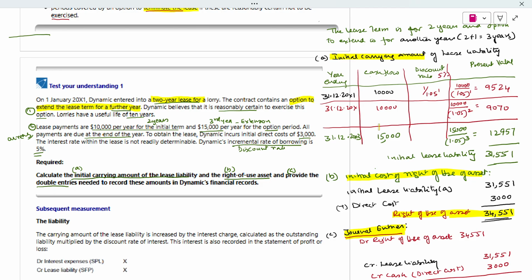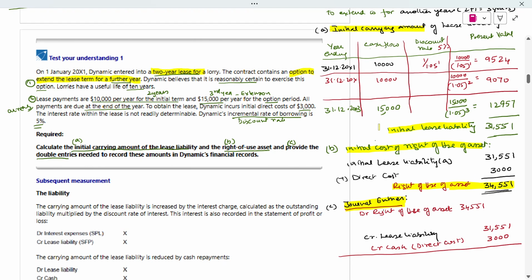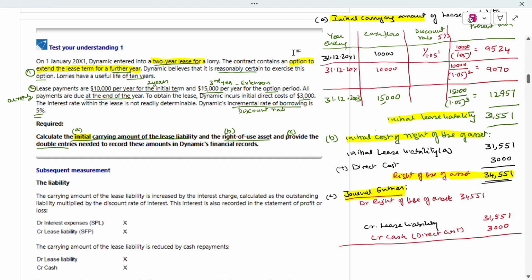First calculate the initial lease liability, then the right of use of asset, then the general entries. We are talking about the initial. Are you clear about this? Yes. Okay. Can I go to the next one? Yes.